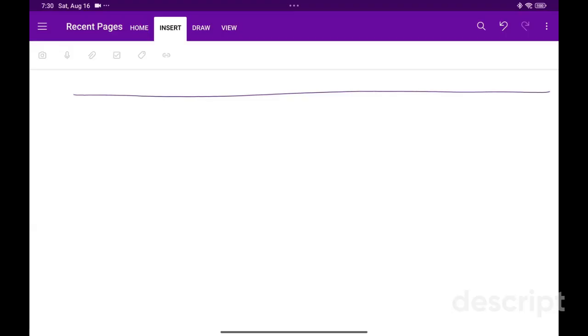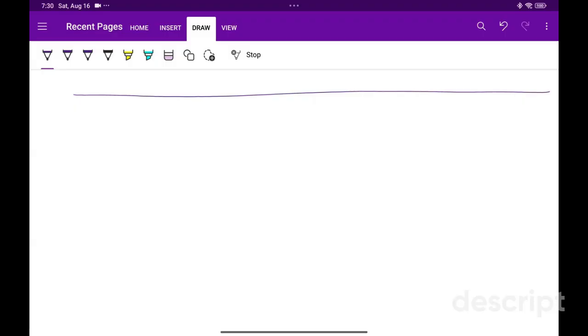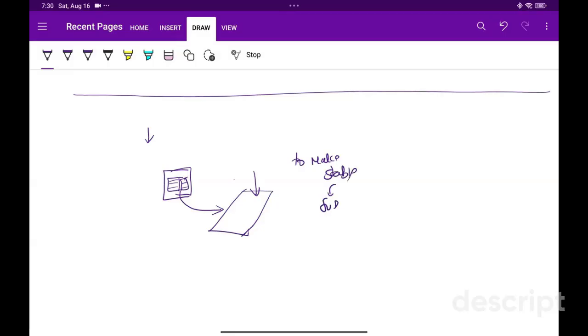Here we have RAM. Assume some data is there. Now I am flushing this data to the hard disk to make it stable, or to make it durable.